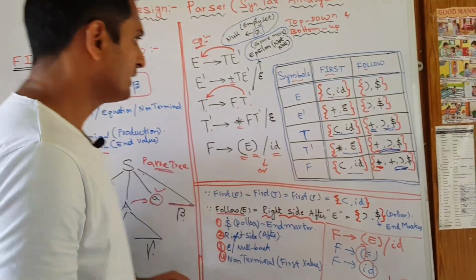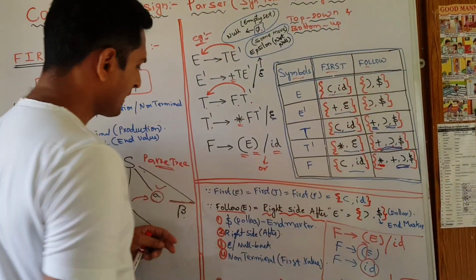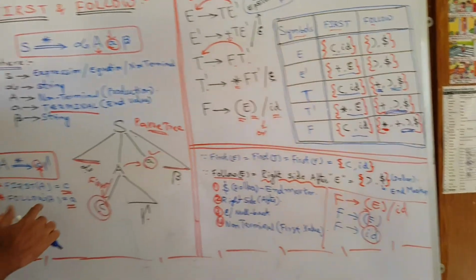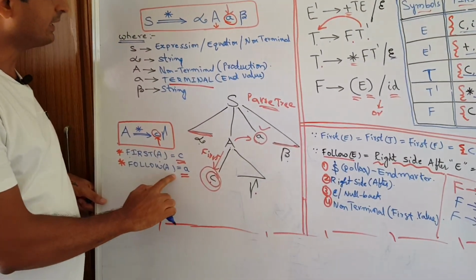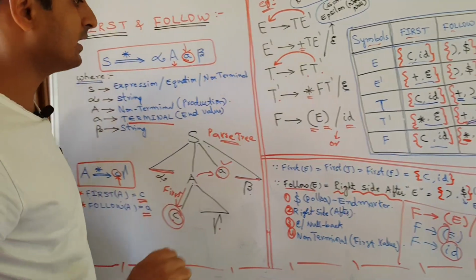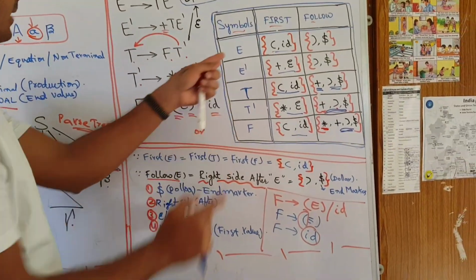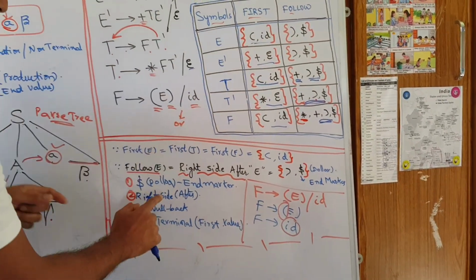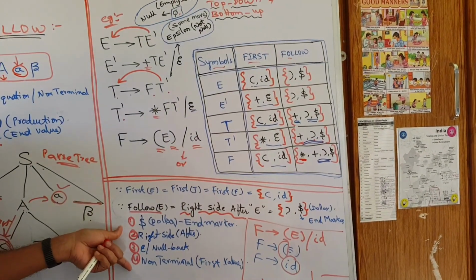For follow, we need to find follow, right? Follow means the next value, the right side's next value. For example, follow of A. A's follow is small a. Small a is a terminal. We need to take terminal values, right? For example, E's follow. What is E's follow? Right-hand side. Here, some points we need to remember.